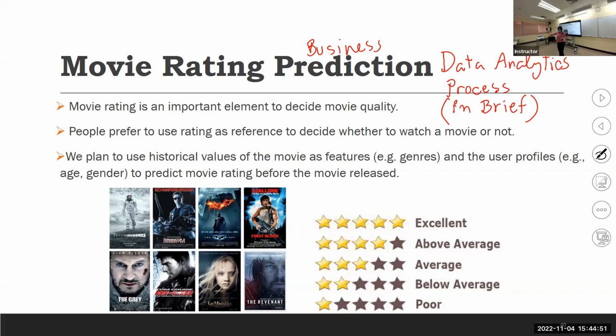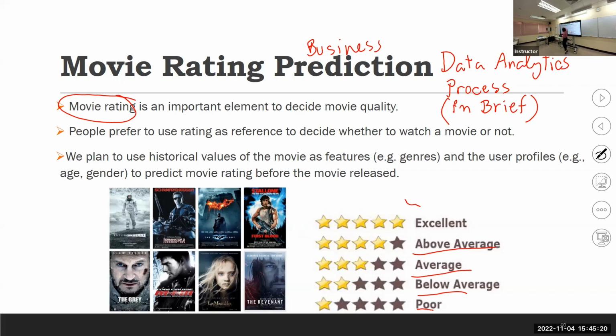Suppose we are in the movie industry, then the movie rating is an important element to judge quality. It is based on user reviews, giving a rating scale of 5 for excellence, then 4, 3, 2, and 1. This is the usual easy way to judge movie quality.